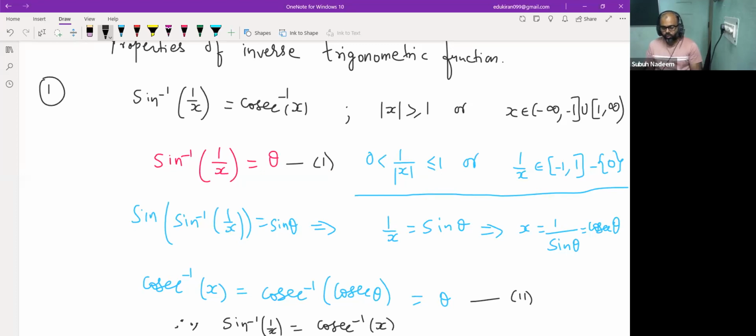So this is the first property which we proved like this. This is one of the first properties which we are going to do today. So you can write it down, and if any step is not clear, you can ask me and I will explain.